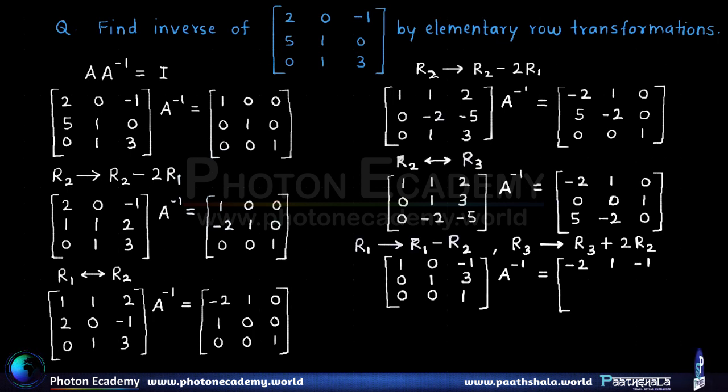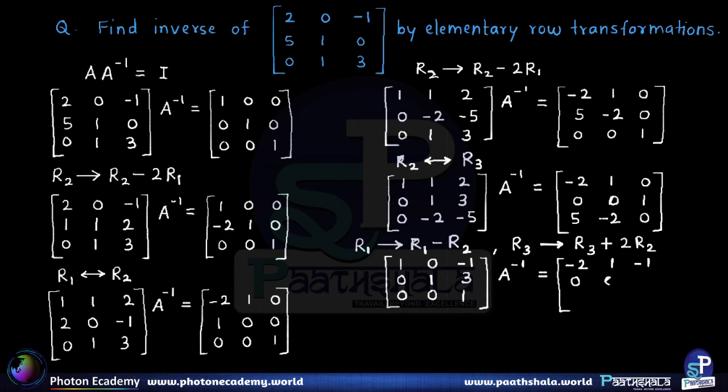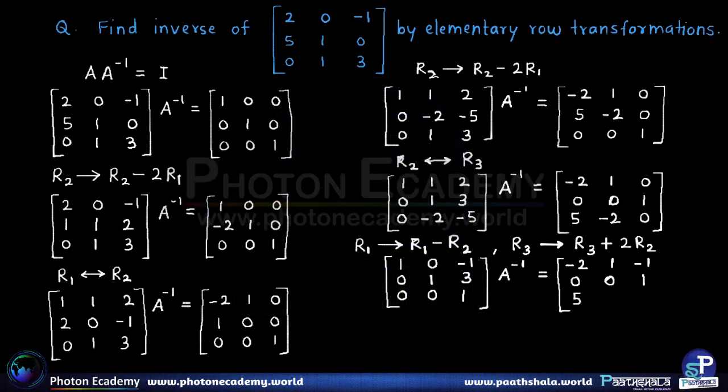So that will become the first row. The second row is unchanged, so that remains as 0, 0 and 1. And in the third row we have to add twice the second row, so that means 5 plus 2 times 0 is 5, minus 2 plus 2 times 0 is minus 2 only.